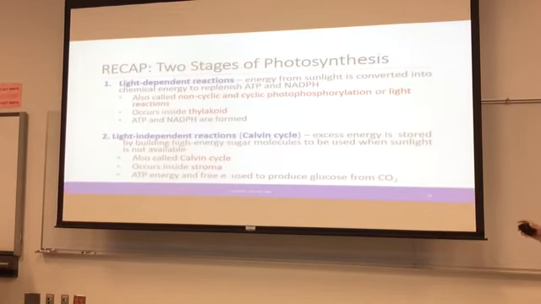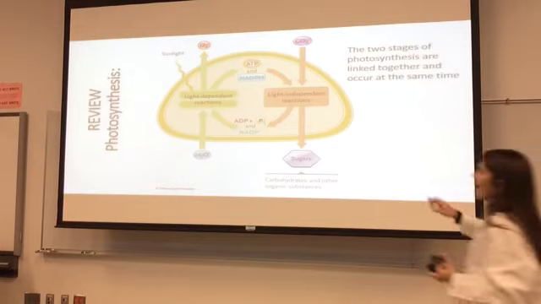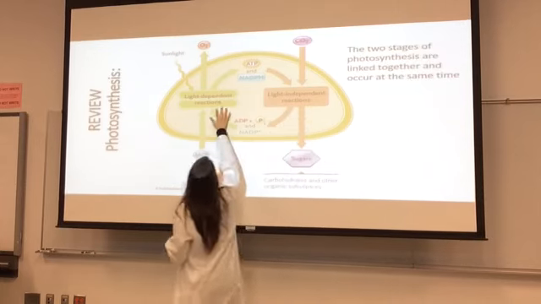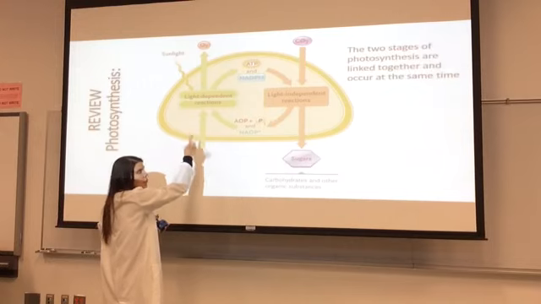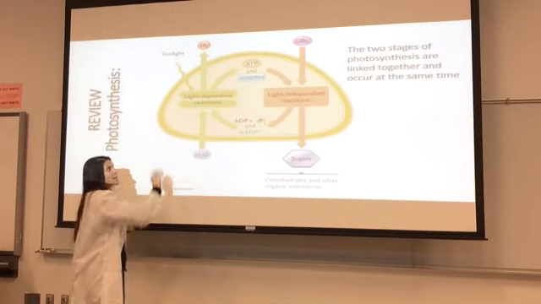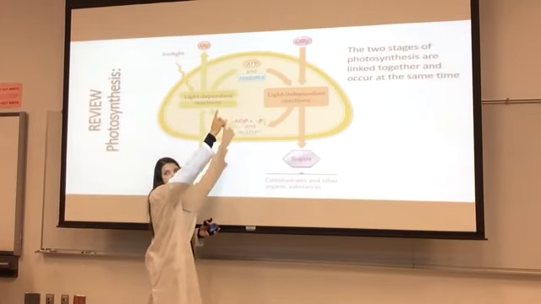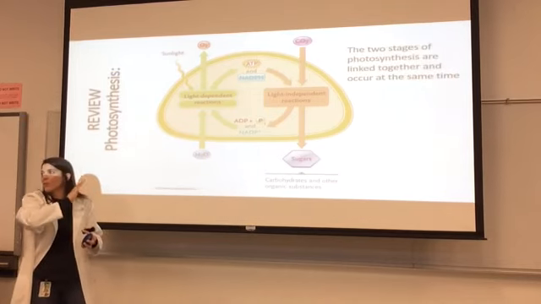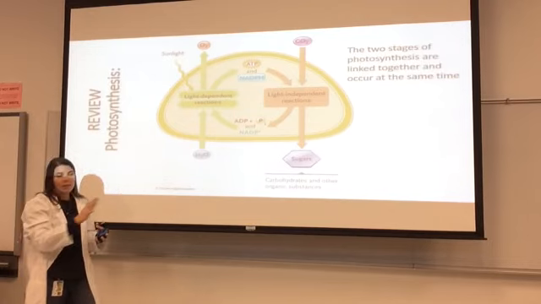So this is an overall summary of both sets of reactions. This slide is also being reintroduced from this slide deck. Inside my chloroplast, I have my thylakoid membranes, which is where my light-dependent reactions occur. For my light-dependent reactions, big picture is I'm taking photons and turning them into ATP. So I'm just converting forms of energy, and you convert forms of energy by transferring electrons.